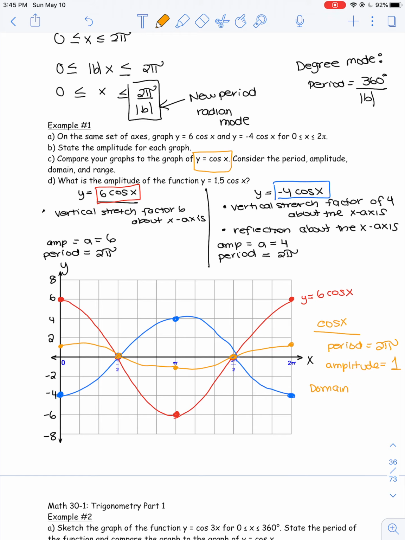It does continue on forever, but you're going to use the domain that they gave us in the question. So this is what we're using for our domain, and then x ∈ R. And then for y, our graph, if there's no stretch to it, will always go from -1 to +1.